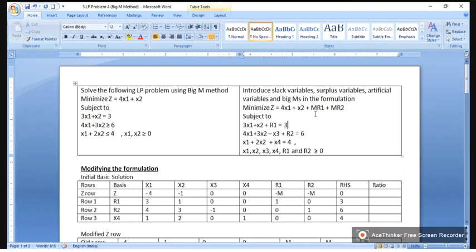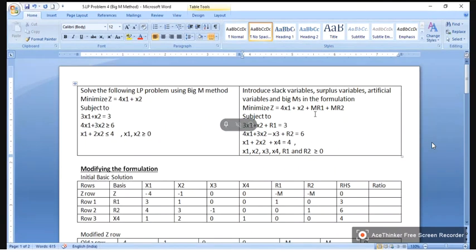Hello sir, for third constraint, why are we not adding artificial variables, sir? For less than or equal type, there is no necessity to add artificial variable.